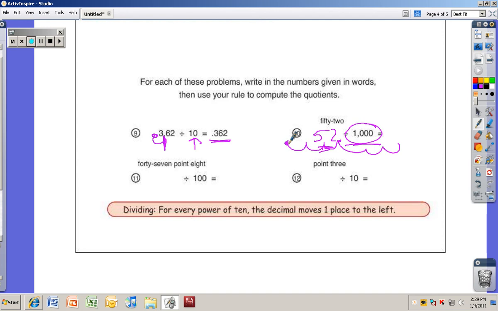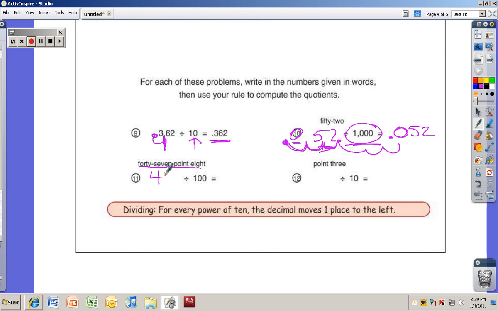So what's the answer? There you go, 0.052, right? Because I moved it over 3 spots, and I don't have a number in that spot right there, which means I got to put a 0 in there. Okay?